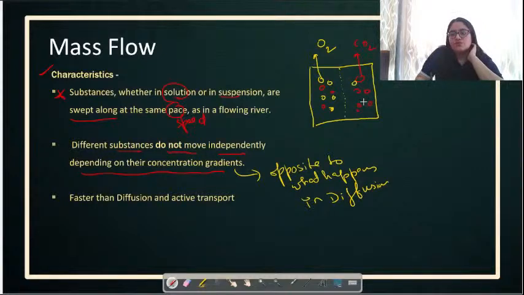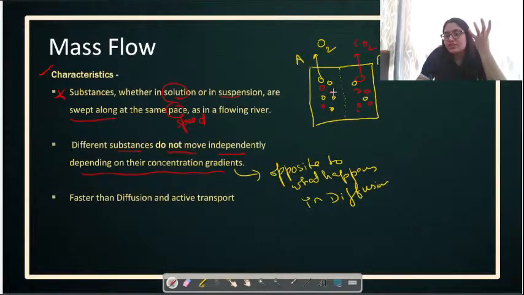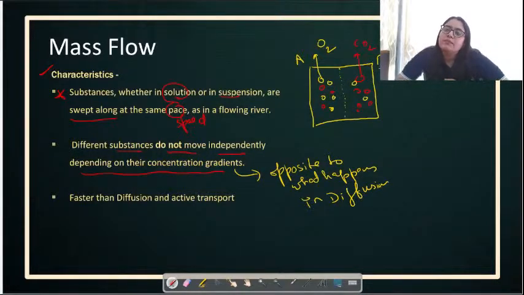And this is O2. Now if you notice, if this is A part and this is B part, on the A side of this chamber, oxygen gas is in higher concentration and CO2 is less, because the red molecules are fewer. And on the B side, the red molecules are higher and the yellow ones are fewer.